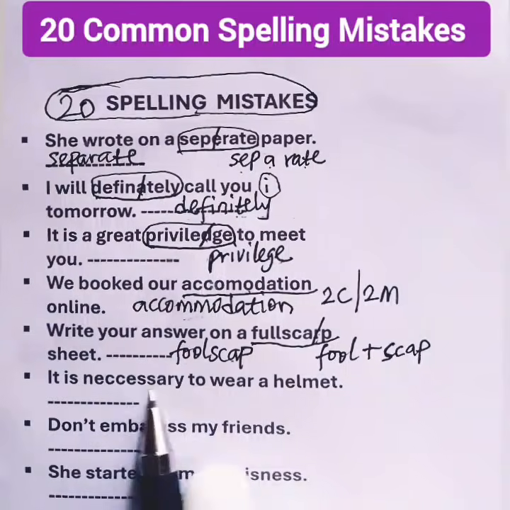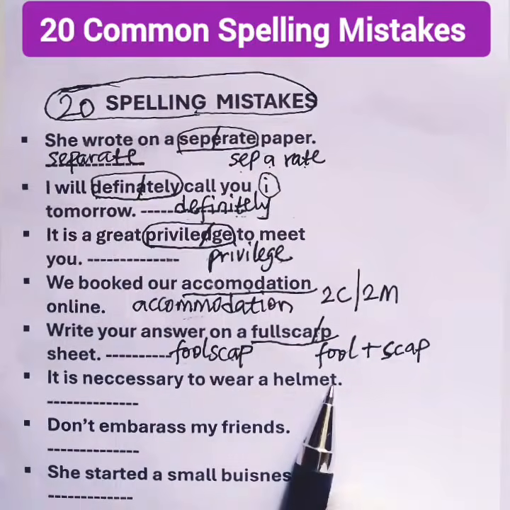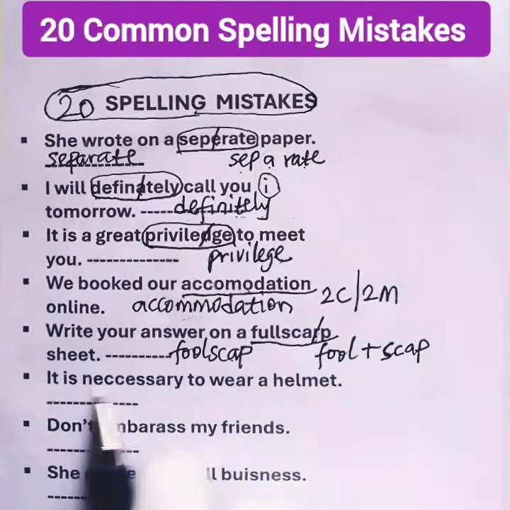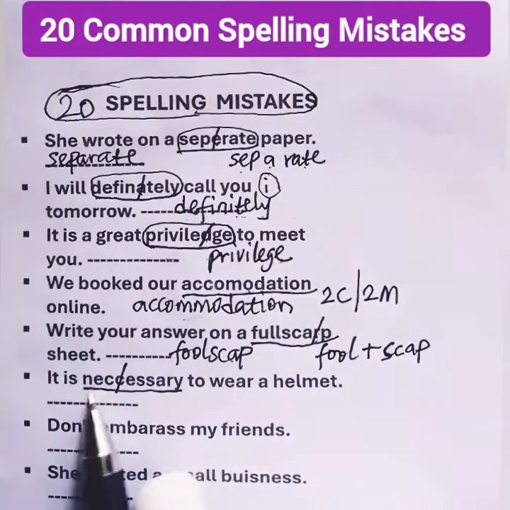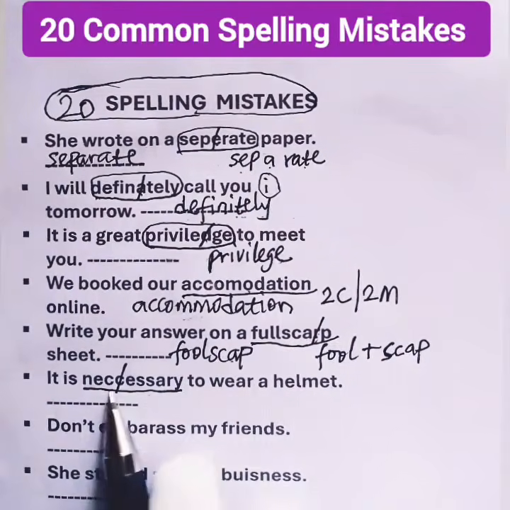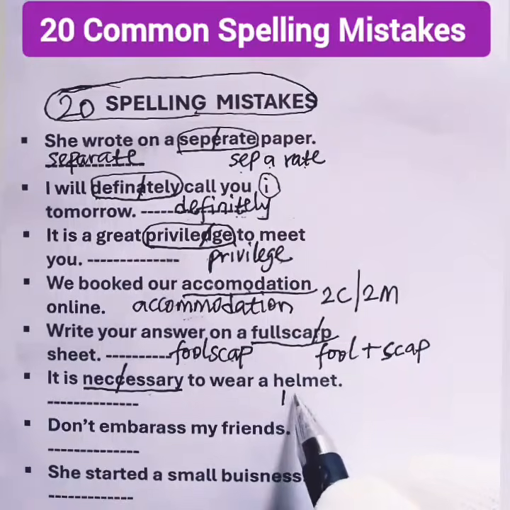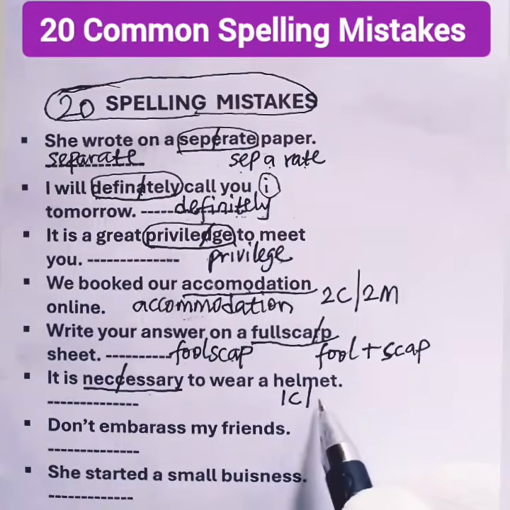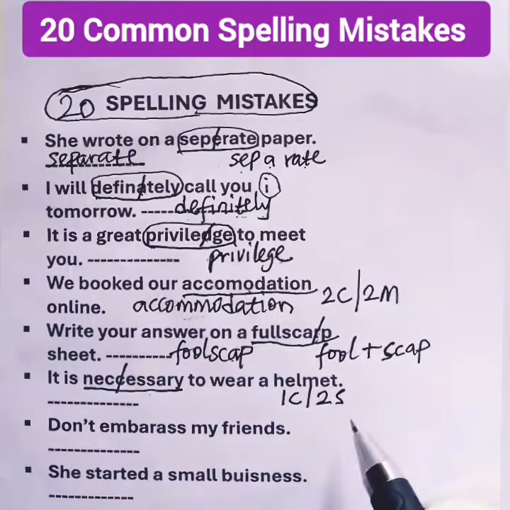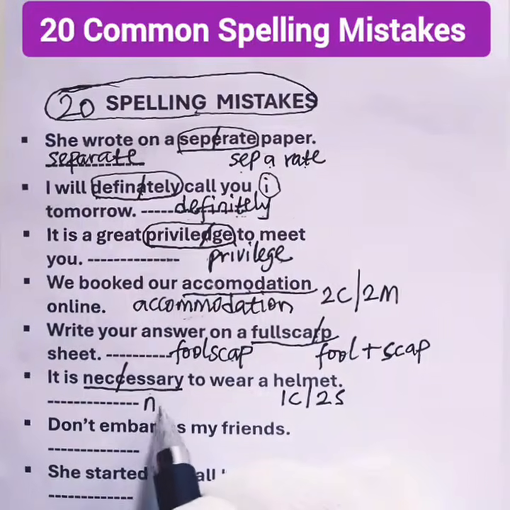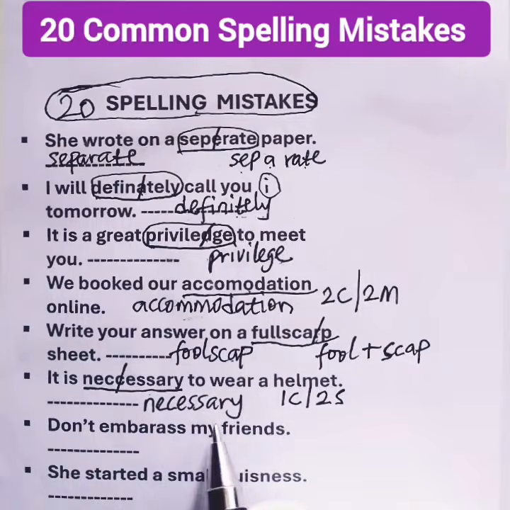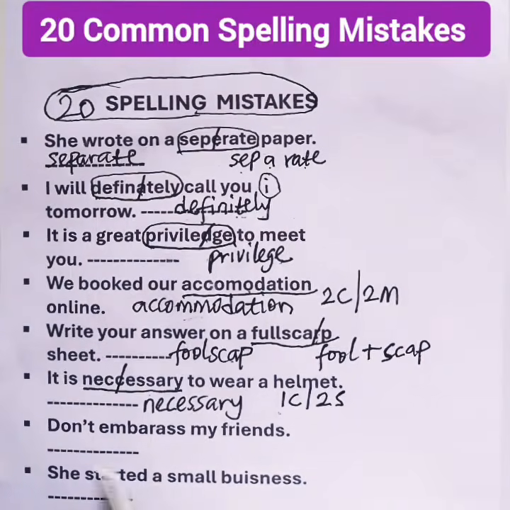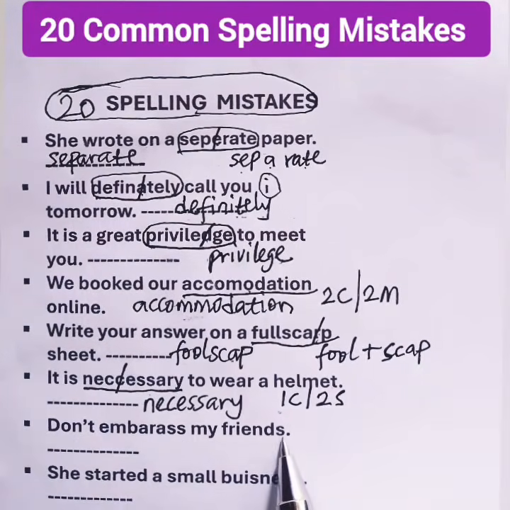Next, it is necessary to wear a helmet. What is wrong here? Here it is. When spelling necessary, always remember that it has 1 C and 2 S. Okay? So this is a correct spelling. 1 C, 2 S. Next, don't embarrass my friends.